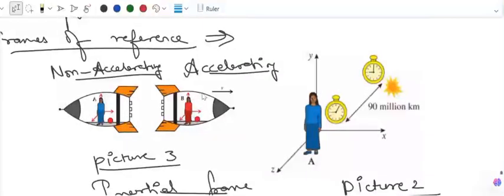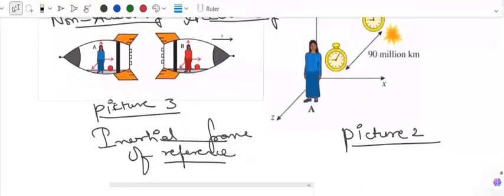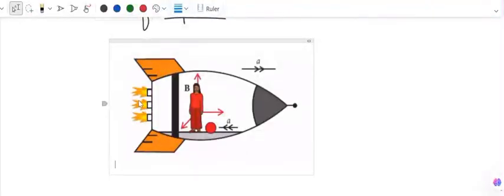The rocket is on fire. And now the B person, where is the B person? Here it is, moving with velocity V. Here is the ball. A was at rest. Understood, Akshita? Yes, ma'am. Now see here, this rocket is also moving. The ball is moving on this side and the rocket is moving on this side. I hope I am making you understand with this picture. Yes, ma'am. Done.